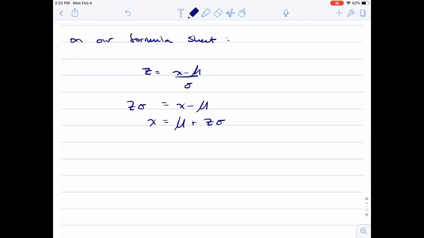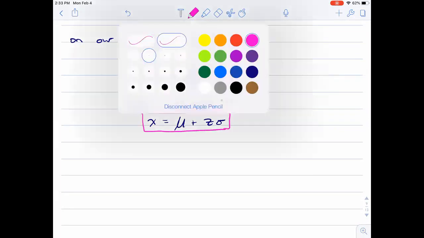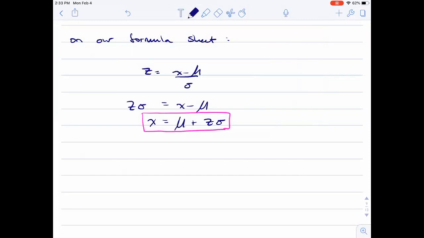And this is on your formula sheet. So if you wanted to use that instead of just solving for x every time, that's fine by me. I just prefer to solve for x every time, but it doesn't matter. Notice that that's what we've been doing, right? Z times sigma plus mu. Any questions about that one?